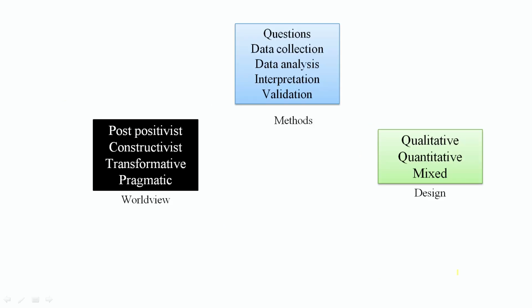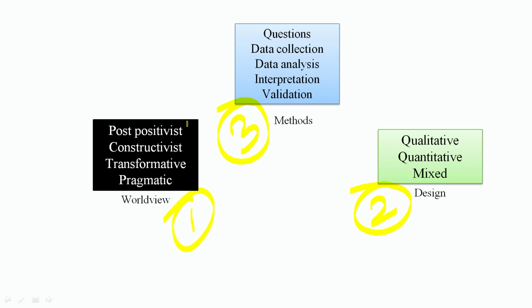Here I have given 3 boxes. The first one is worldview, number 1, the second one is the design aspect, and the third one is the methods. Just to make you understand, worldview, we studied about post-positivist, constructivist, transformative and pragmatic, the terms which deal with a widely followed principle of the researcher, a term which indicates how a researcher starts the research based upon a particular philosophical understanding, that is worldview.